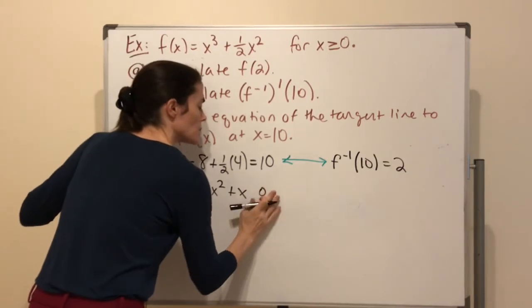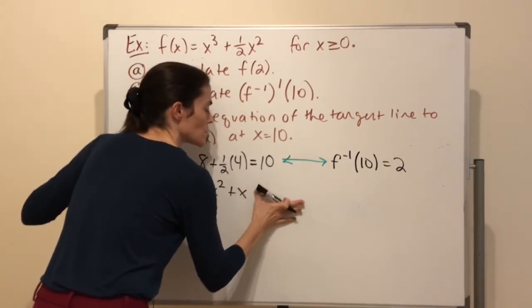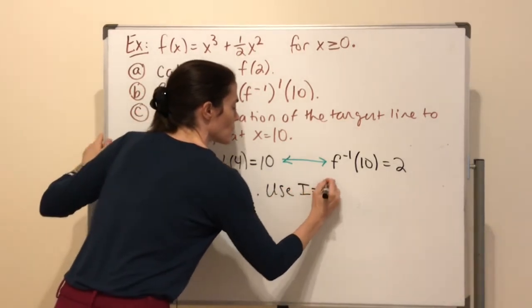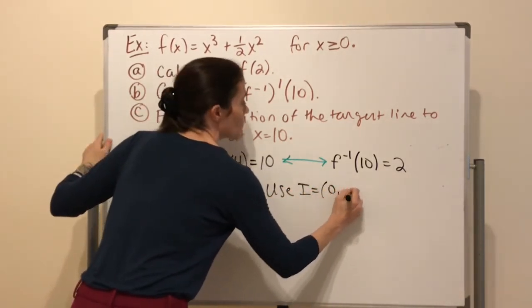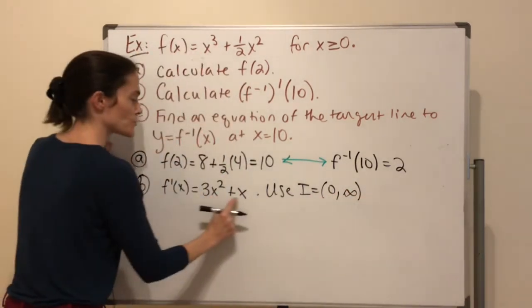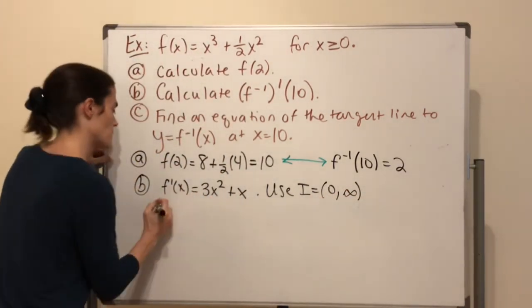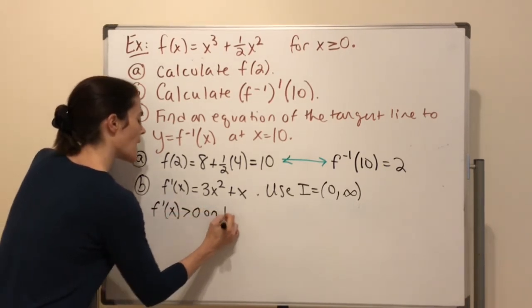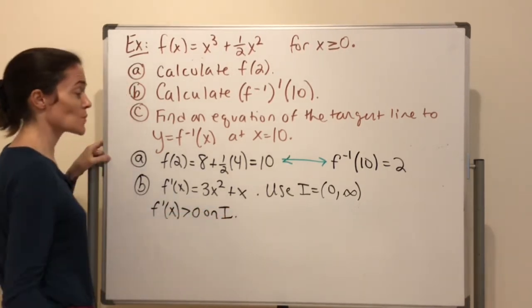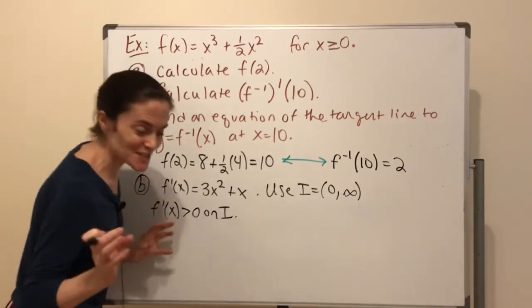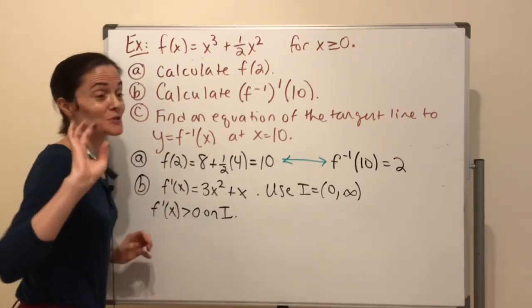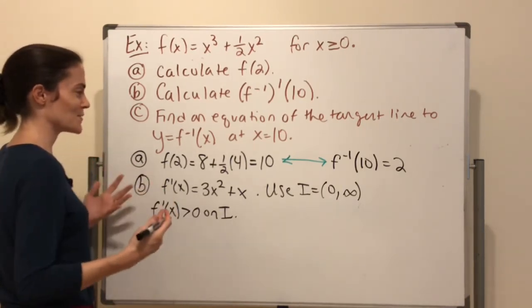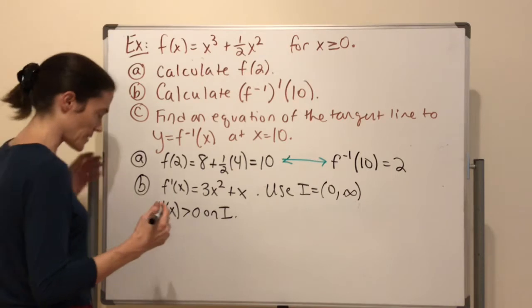I will use the open interval like this. And now the derivative is positive on I. Okay? So we have an open interval. The function's differentiable on the open interval. The derivative is not equal to 0 on the open interval, so we may use the inverse function theorem.